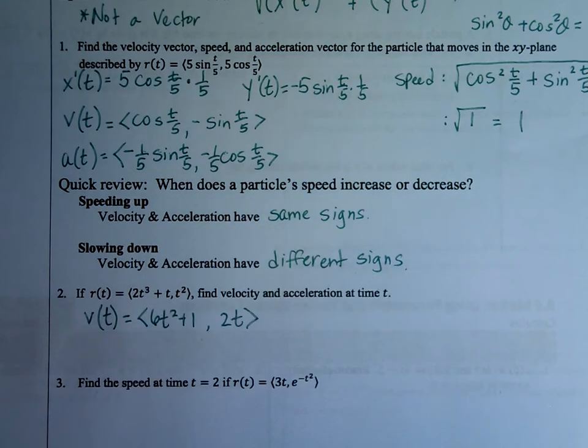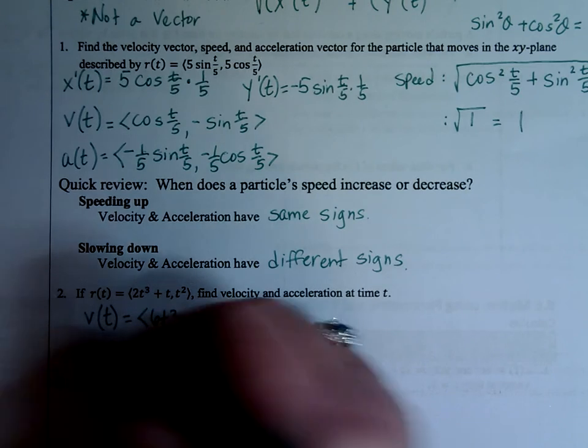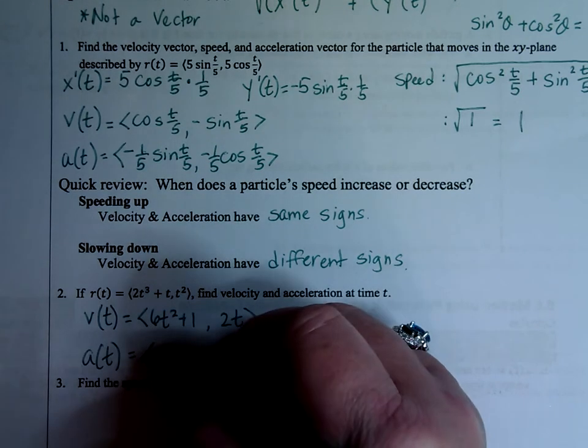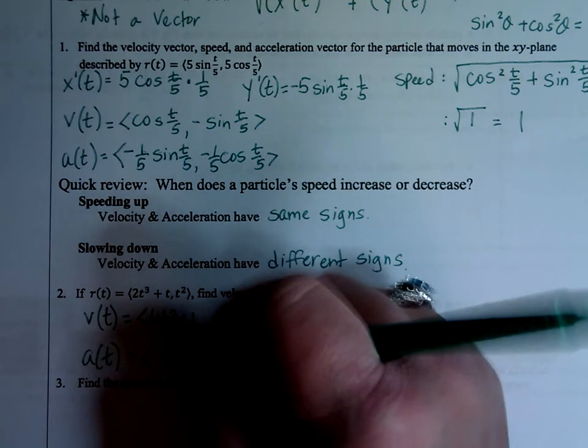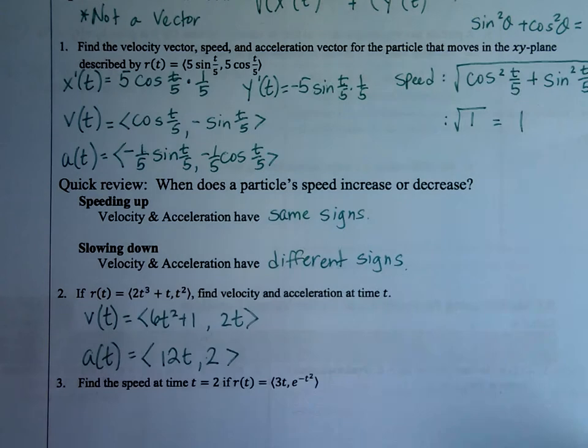There's my velocity vector. My acceleration vector, the derivative of that, is 12t, comma 2. Wish every question was that easy, but they're not. So here you go. Find velocity and acceleration at time t, you got it.